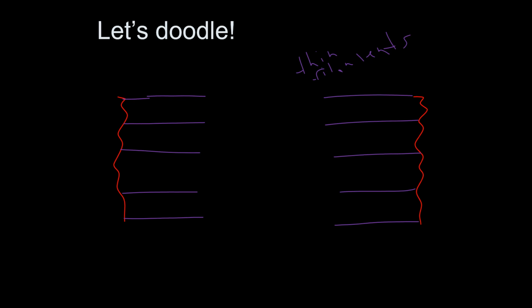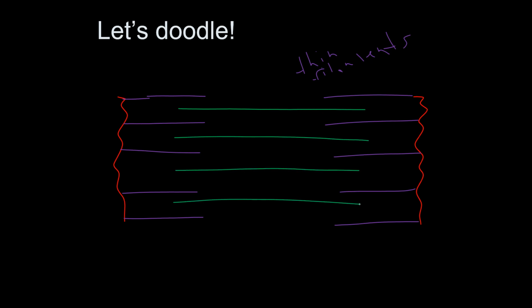Okay, I'm going to switch colors again. Next, we're going to get some more proteins that go like this through a sarcomere. These are called thick filaments.